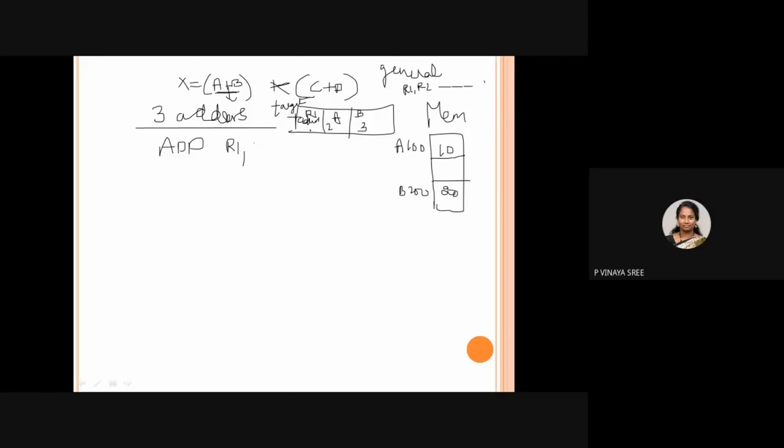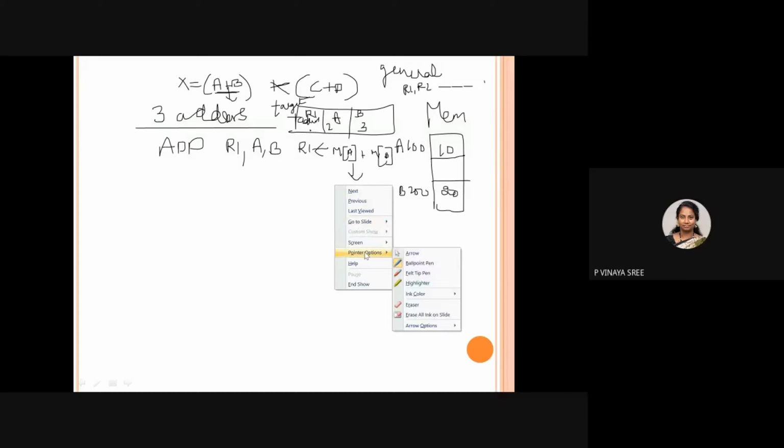Next I need to go to location A and location B and perform the addition between the two. So the mnemonic: in R1, we go to memory location A, plus memory location B. After going there, we get the data for A as 10, and for B we get the data as 20.